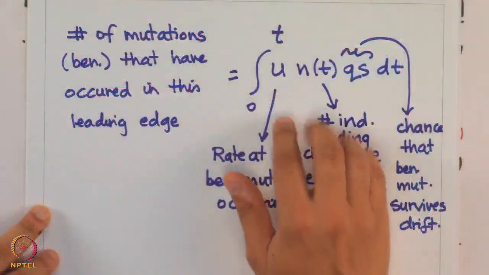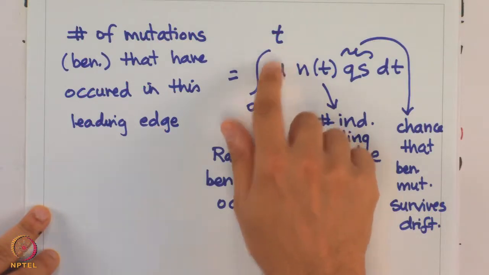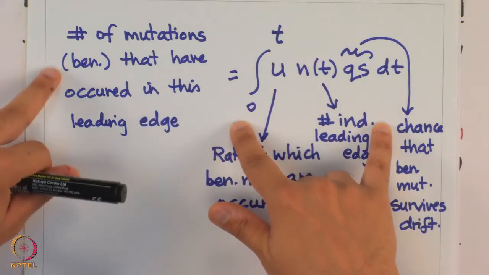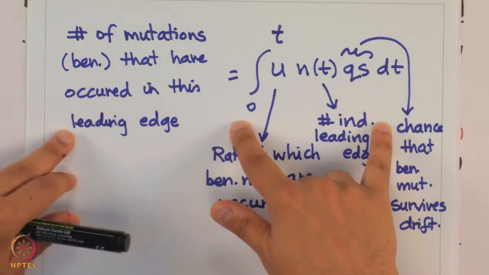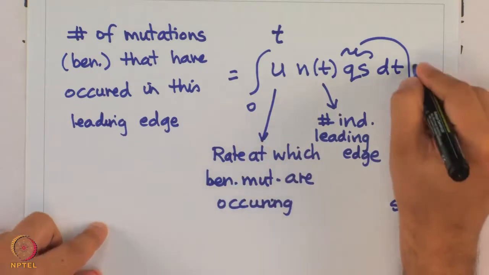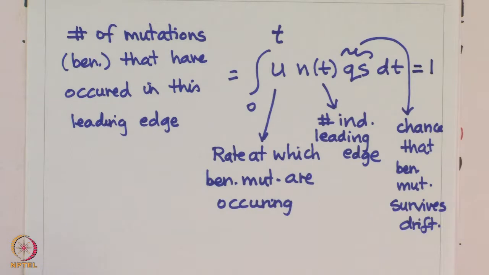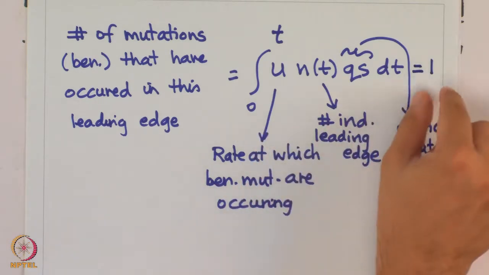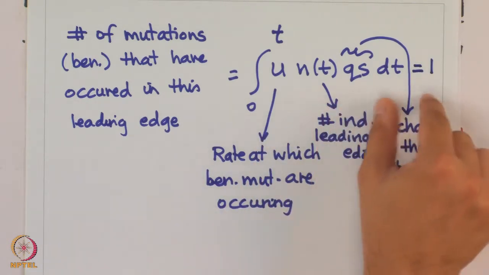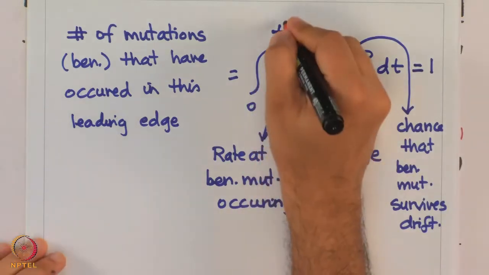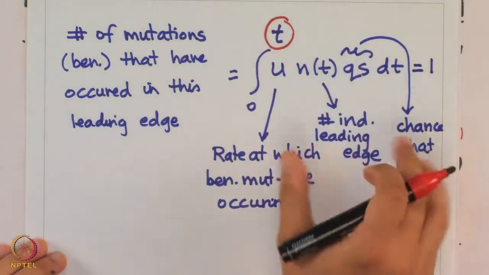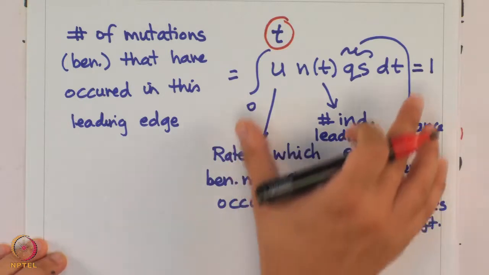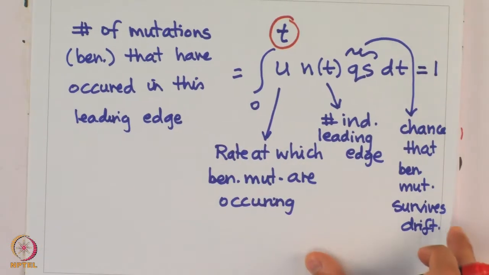In other words, what we are most interested in here is that for what value of time does the total number of beneficial mutations occurring in this leading edge equal to 1. That's because this would mean that one beneficial mutation has occurred and gotten established. So, we are interested in the time that corresponds to this relationship, and that is what we are going to solve for, which gives me my tau. Okay.